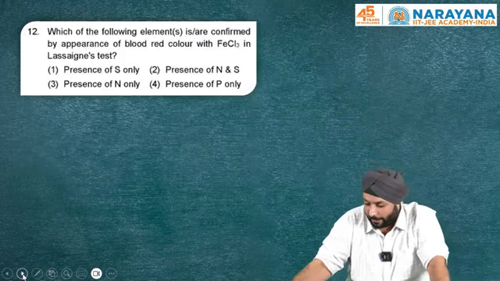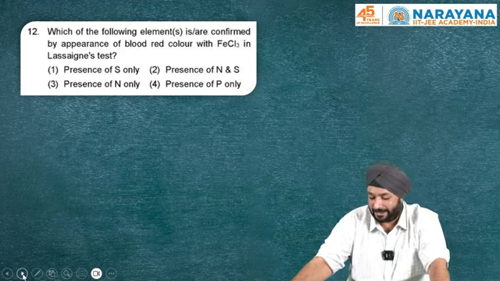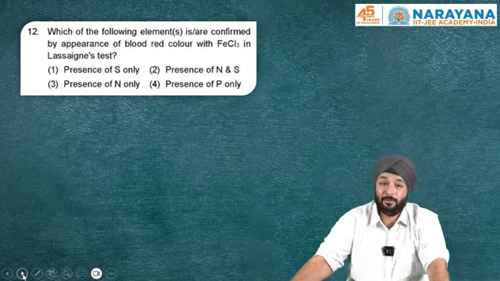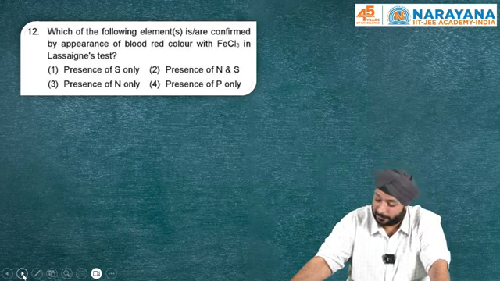Which of the following elements is confirmed by the appearance of a blood red color with FeCl3 in Lassaigne's test? Again, it is a very simple question, a direct question from NCERT.